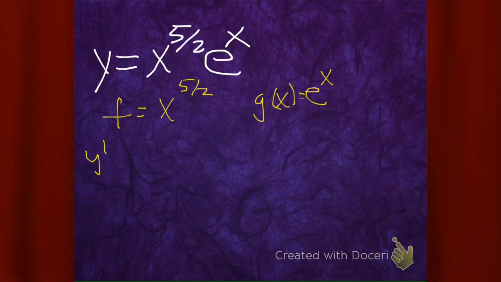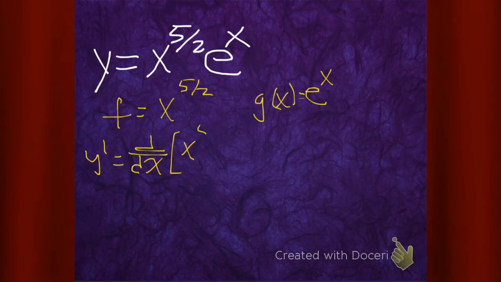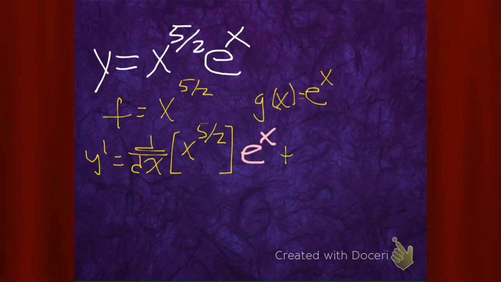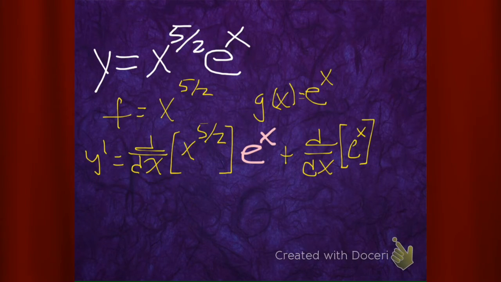Y prime is going to be the derivative of the first times the second plus the derivative of the second times the first.